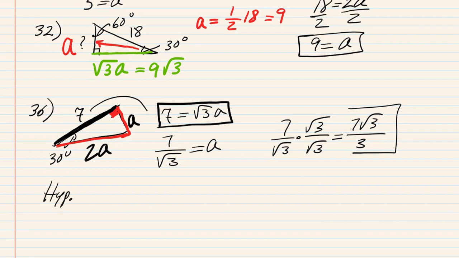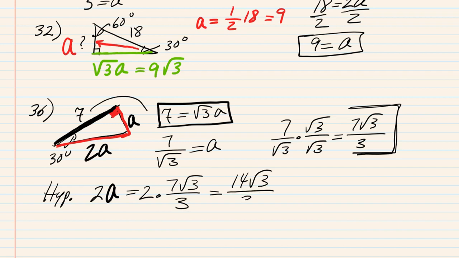So hypotenuse is going to be 2 times A. I don't need parentheses. It's going to be twice A, correct? That means 2 times A, which is this right here, 7 root 3 over 3. And that makes it 14 root 3 over 3. And there we have solved this triangle.